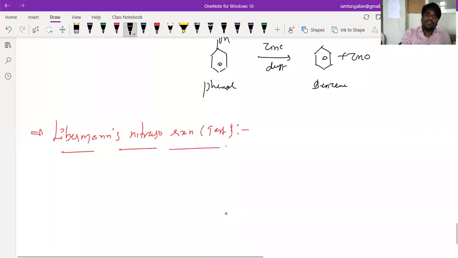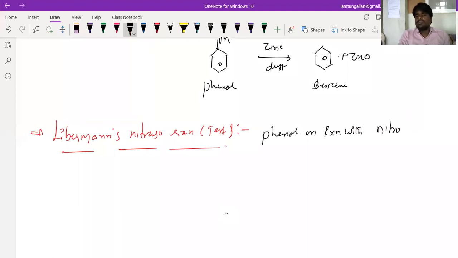What happens here? Phenol on reaction with nitrous acid forms para-nitrosophenol.